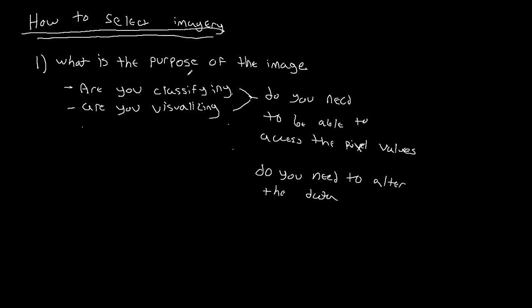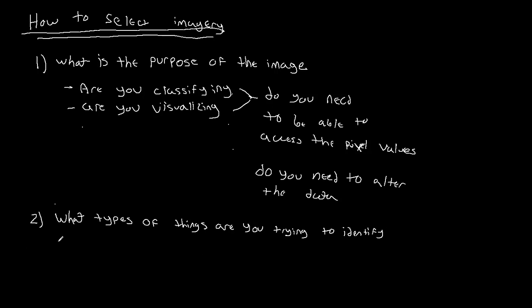So the next question, once you figure out the purpose of the image, is to think about what you are actually trying to identify. What types of things are you trying to see, to identify? This comes with two sub-questions.